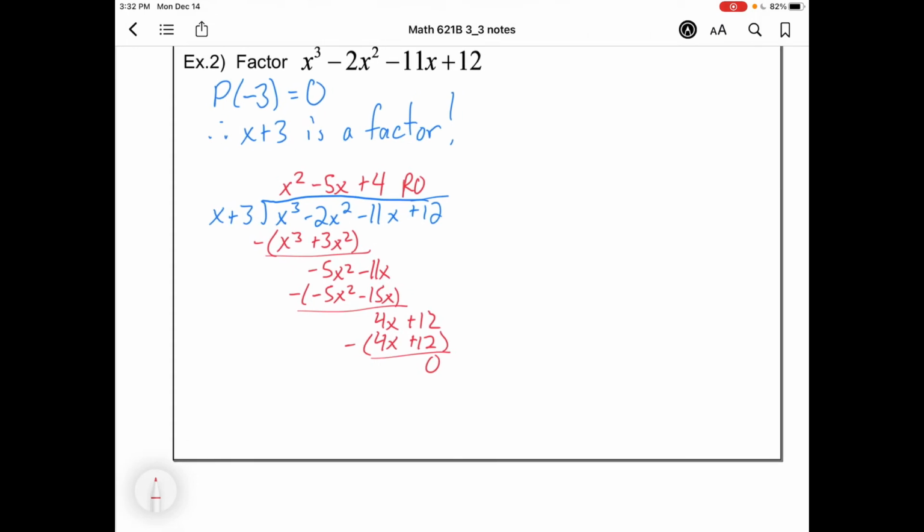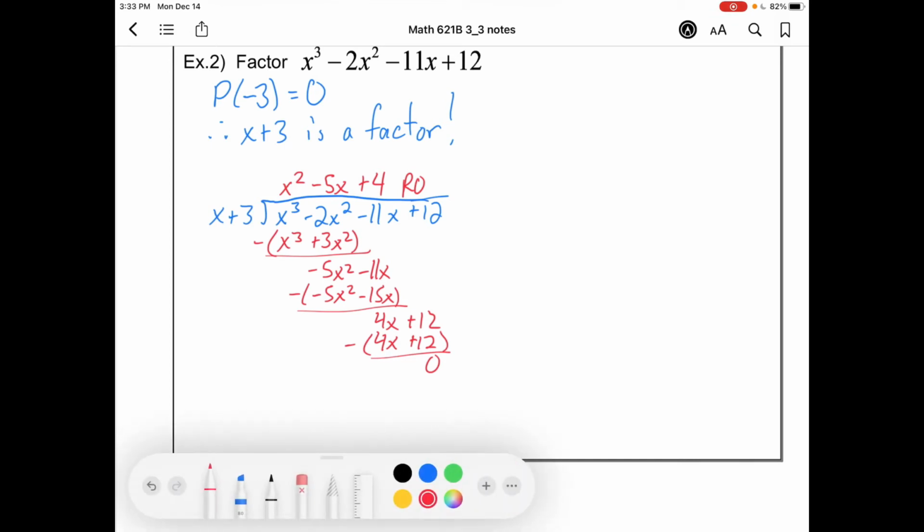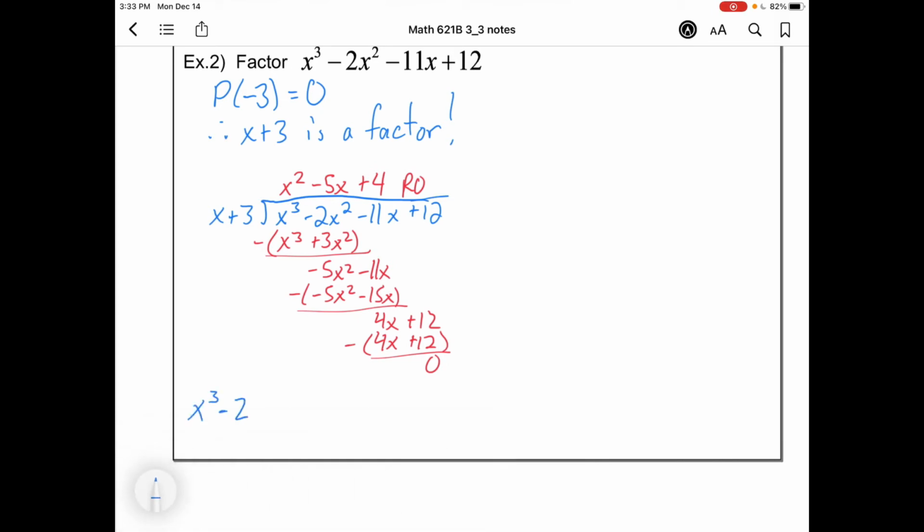So what we learn is that if you take that big polynomial and divide it by x plus 3, you get x squared minus 5x plus 4. Or if I were to write that a slightly different way, what we now know is that x cubed minus 2x squared minus 11x plus 12 is the same as x plus 3 times x squared minus 5x plus 4, right?